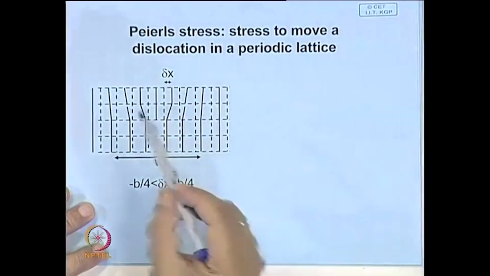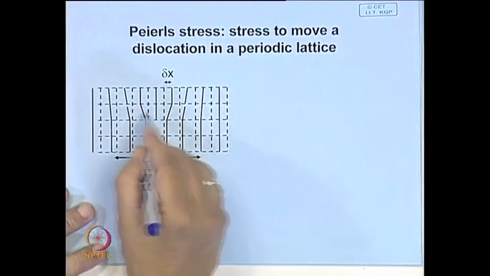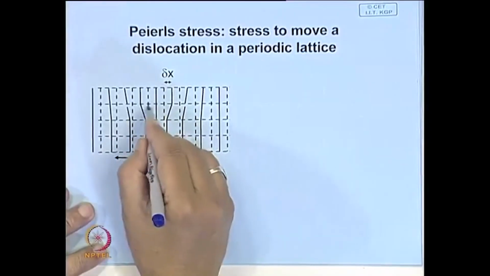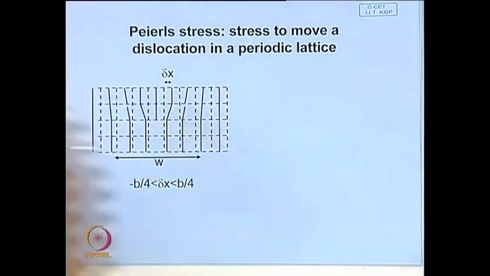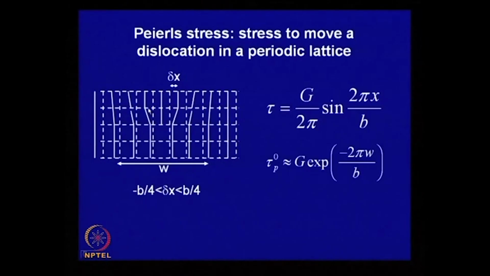Actually, you have to move the dislocation in a lattice where atoms are arranged periodically, which is shown over here. Therefore, some additional friction force will be required to move the dislocation. This dotted diagram is a perfect lattice, with no dislocation.